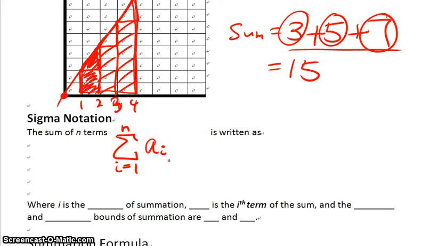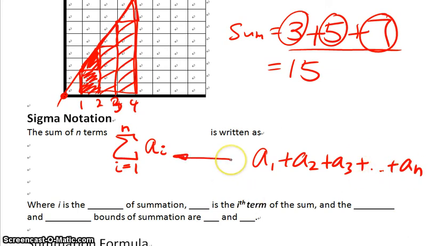So what does this mean? If you add a bunch of terms together, let's say I want to add a1, a2, a3, dot dot dot all the way to adding a_n, a quick way to write this is like this.